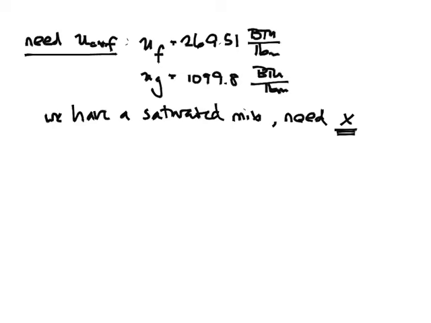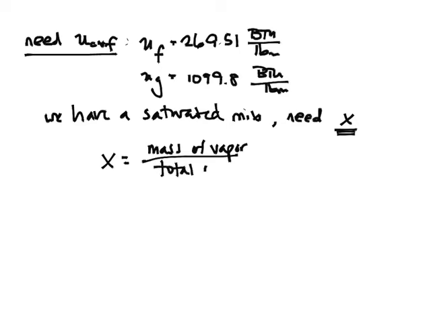Okay, so that's what we need to find. So remember the definition. Quality is the mass of the vapor over the total mass. And now we know that.